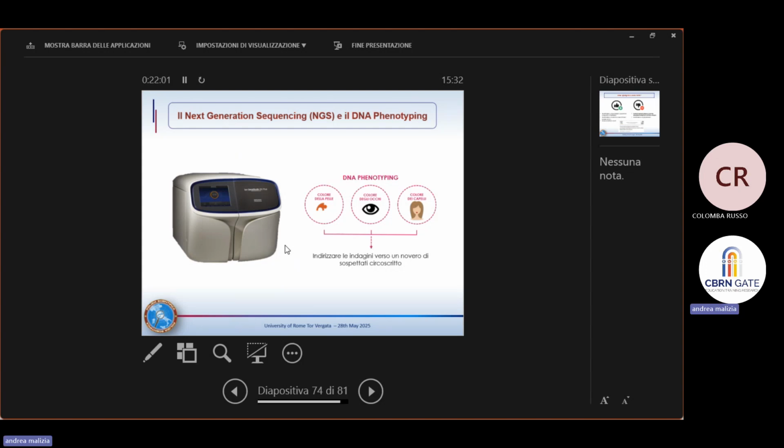This is important because if you don't have a suspect, maybe this can help you reduce the number of suspects. For example, information about the color of the eyes can help you remove some suspects from your list. This is another really powerful instrument.